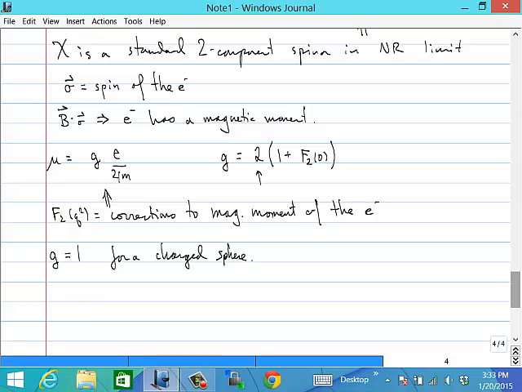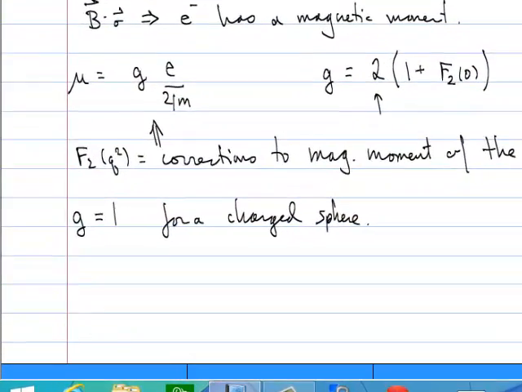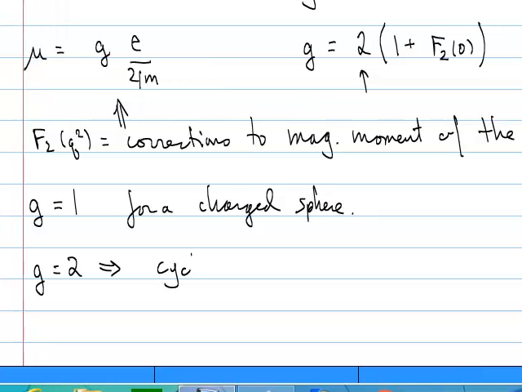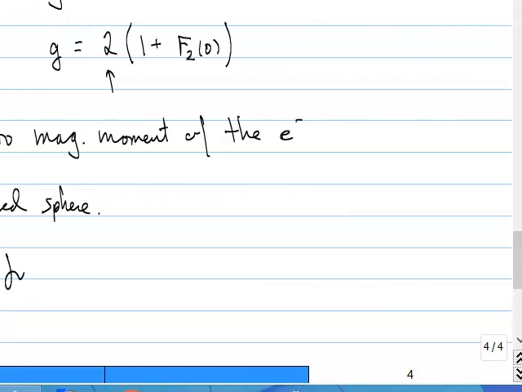You guys have hopefully seen this. This is what Landau levels are. They're particles that move at the cyclotron frequency. And if you put a particle with a magnetic moment in a magnetic field, then it'll oscillate with some characteristic oscillation frequency. And when G is equal to 2, that implies that the cyclotron frequency is equal to the spin precession frequency.